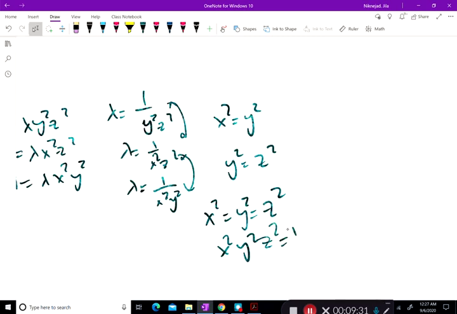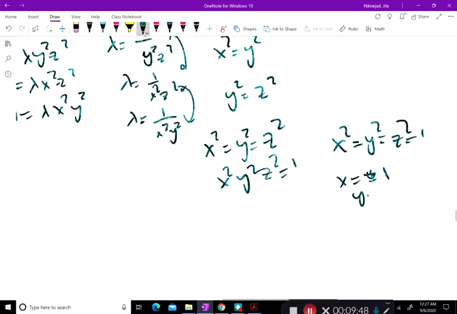But if all of them are equal to each other, they all have to be equal to 1. And that is x equal to plus minus 1, y equal to plus minus 1, and z equal to plus minus 1.